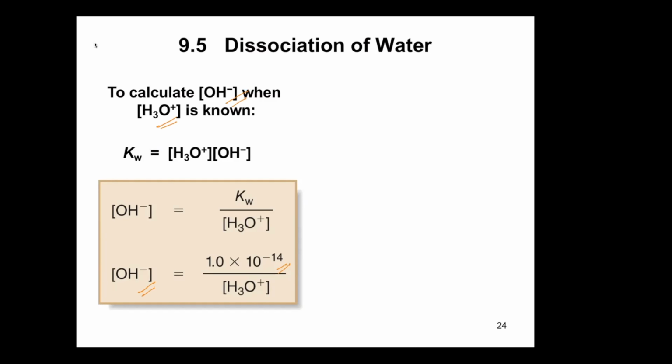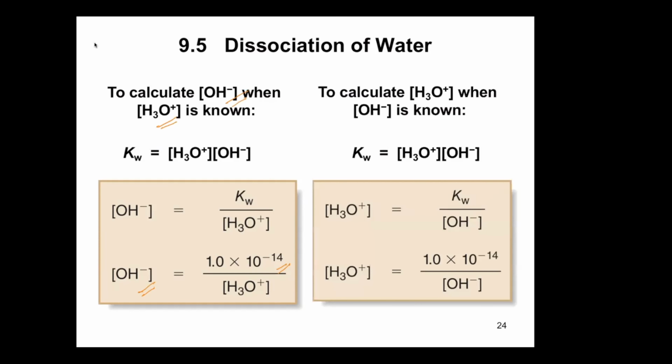And then, vice versa, if OH is given and H3O is unknown, we calculate the hydronium ion concentration by dividing the water dissociation constant by the given hydroxide ion concentration. These are the formulas for OH and H3O.